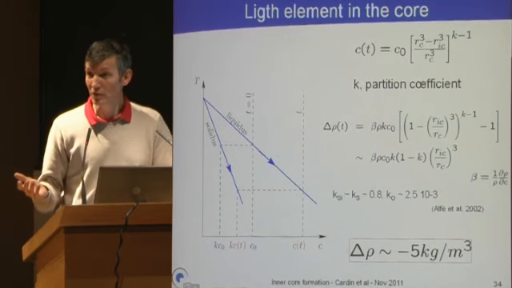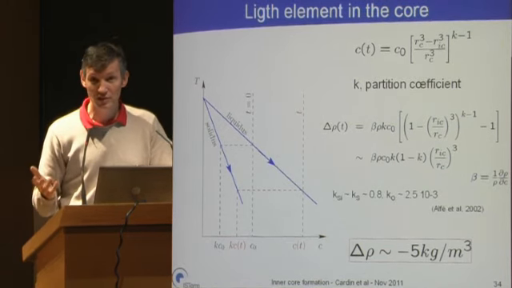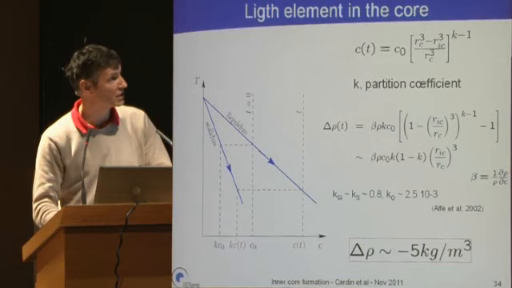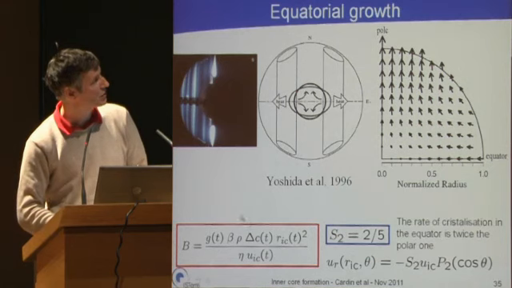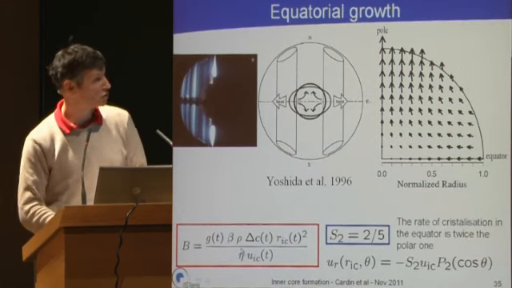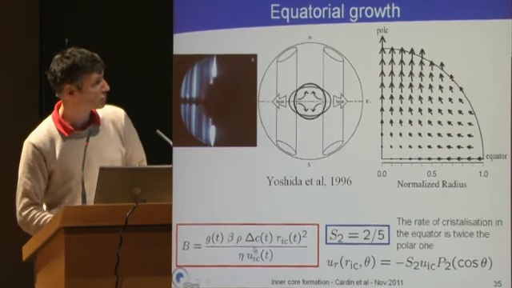It seems very low, but it has a dramatic effect on geodynamics. And we measure this using a dimensionless number. We love dimensionless numbers. So we call it the buoyancy number.